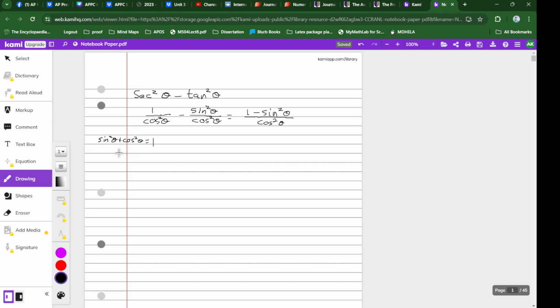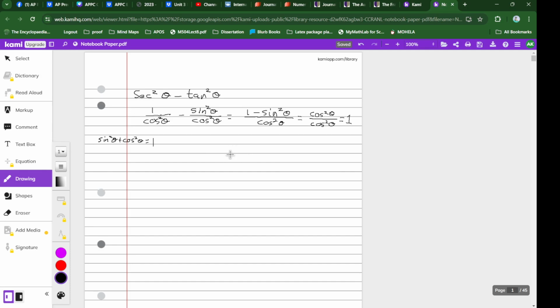Since this is true, 1 minus sine squared theta must be cosine squared. So I can rewrite this as cosine squared theta over cosine squared theta, and since those are exactly the same, this is 1.